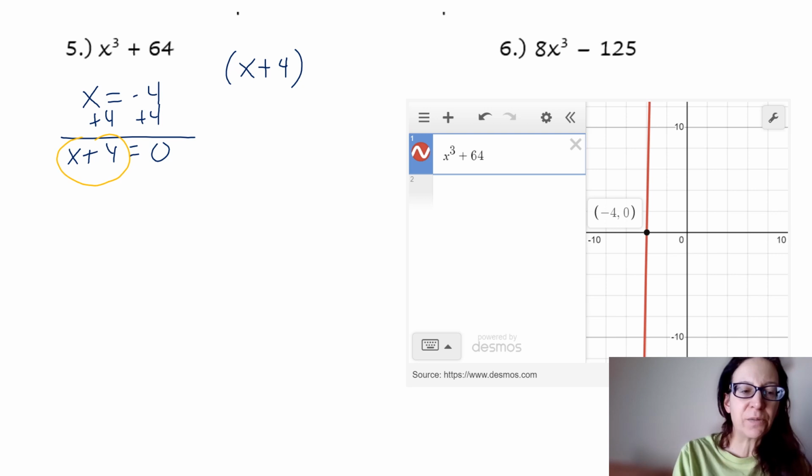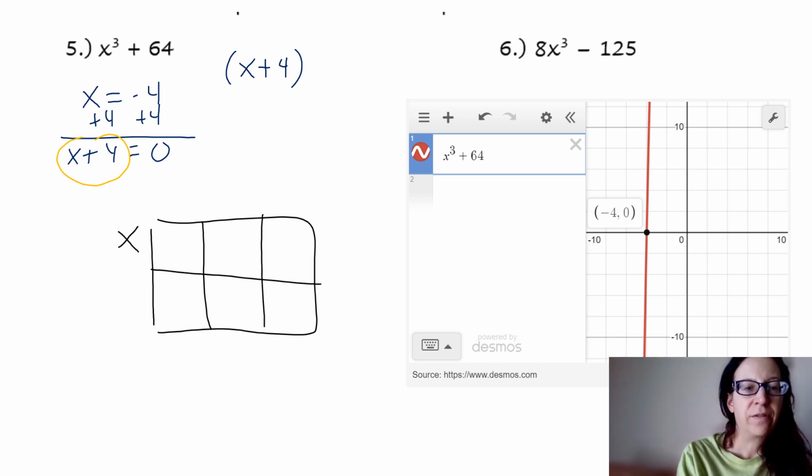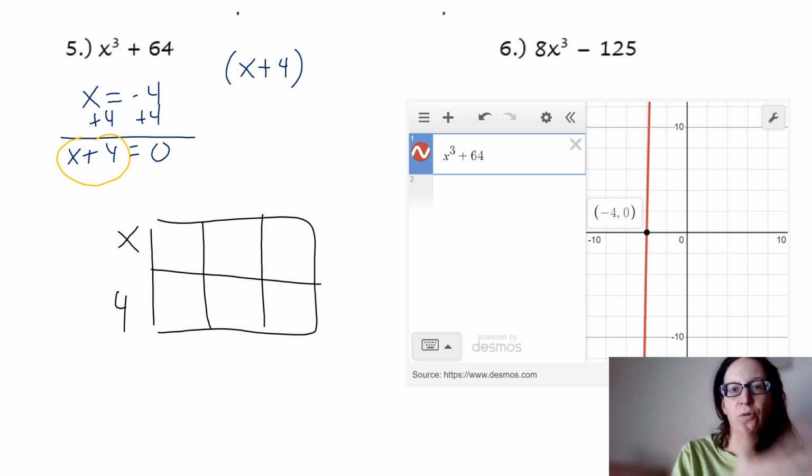And then we do this with polynomial division. So we're going to engage what we learned in the last lesson, or what we reviewed in the last problem. So we're going to divide by x plus 4.